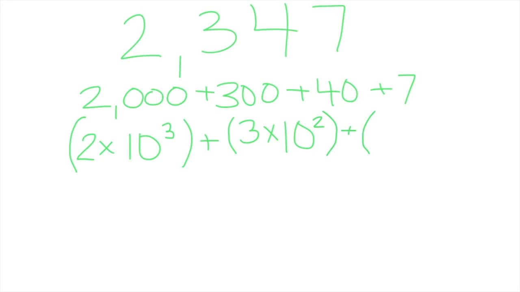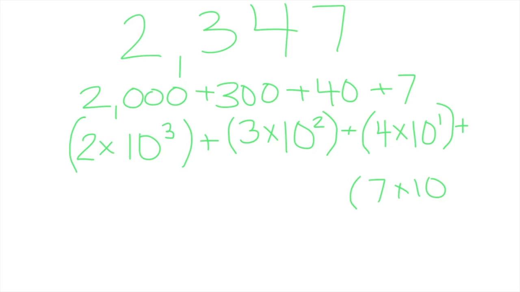I'm ready for my next addition sentence. And now I'm going to write 40 as an exponent multiplication sentence. So I'm going to do 4 times 10 to the, this time I only have the 1 zero here, so I'll only need a 1 as my exponent. And then finally, plus, and I'm kind of running out of space here, so I'm going to write it on the next line, 7 times 10 to the, wait a minute, there's no zeros here.